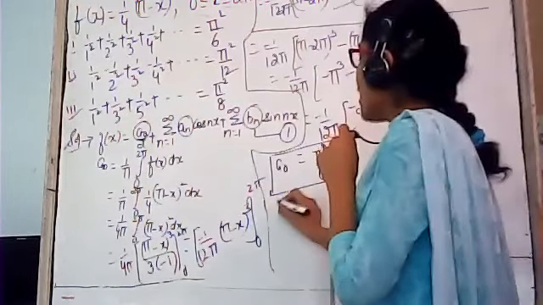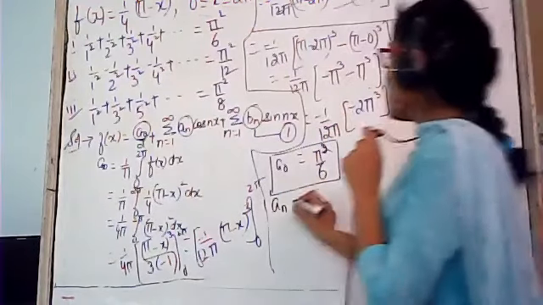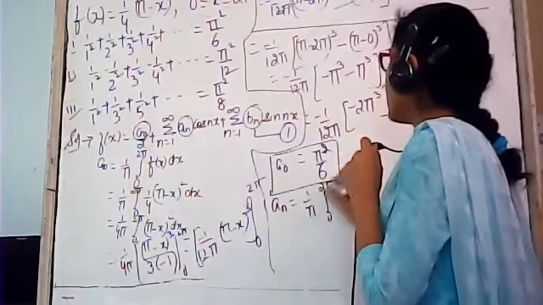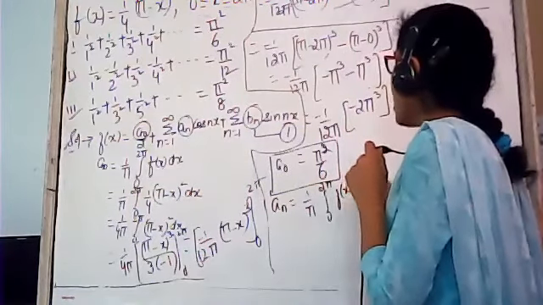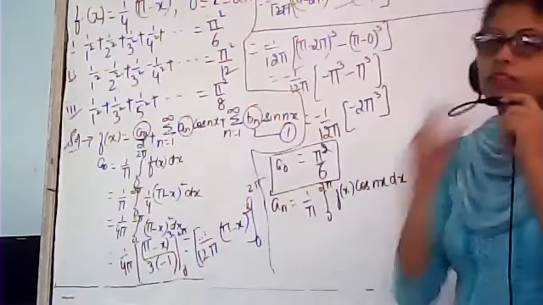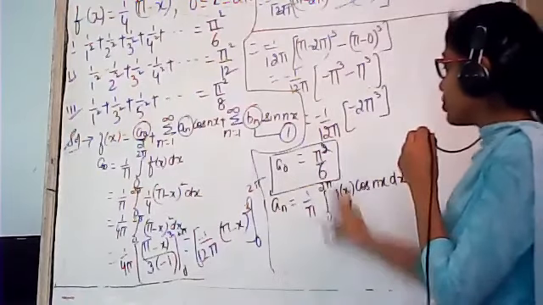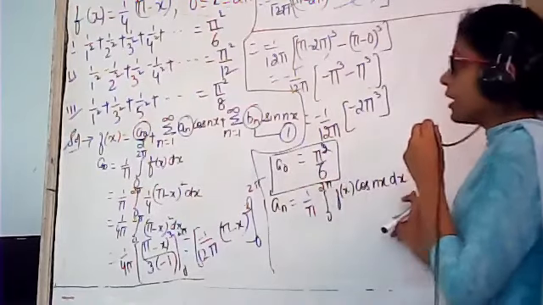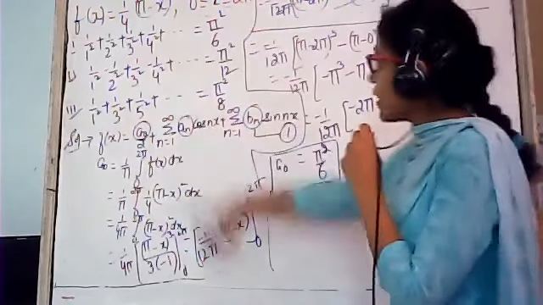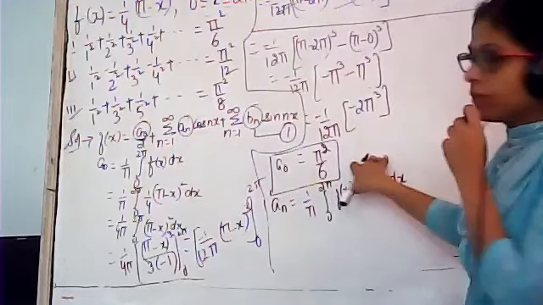After that, we have to find the value of An, and the value of An is given by 1 by pi, integral from 0 to 2 pi of f(x) cos nx dx. Fine. Should I remove it from here? Have you noted down?